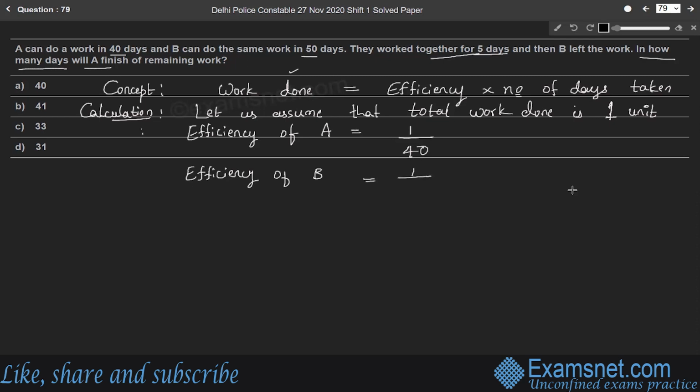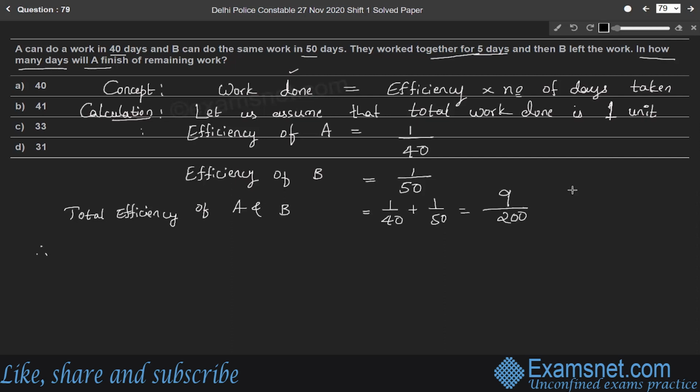So efficiency of B is 1 by 50. Right? So the total efficiency of A and B is 1 by 40 plus 1 by 50, which is 9 by 200. Total efficiency of A and B is 9 by 200.